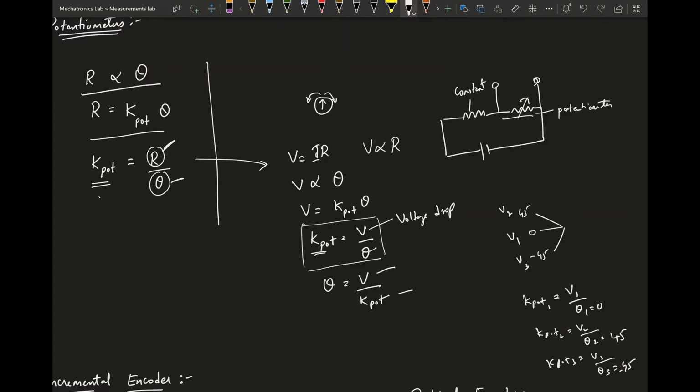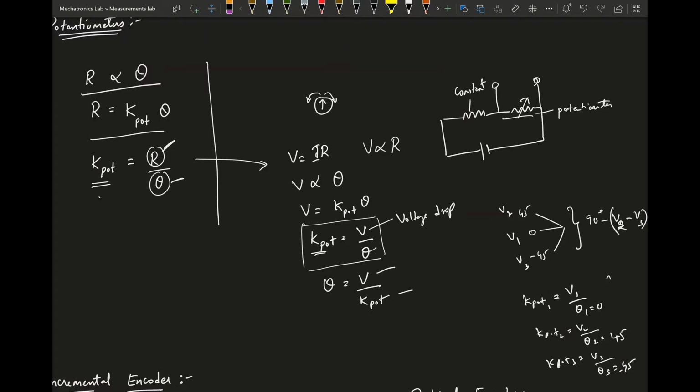So what I suggest is, don't use this because you'll get infinity if it's 0. So what you can do is replace this by taking the entire range, which is 90 degrees, and you know the difference, so this would be V2 minus V3, right?